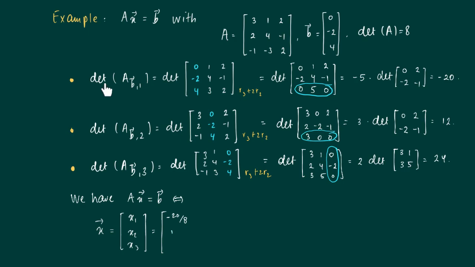So the determinant of A with b in the first column divided by the determinant of A. And similarly we find x2 equaling 12 over 8 and x3 24 over 8. So we get finally the vector (-5/2, 3/2, 3).